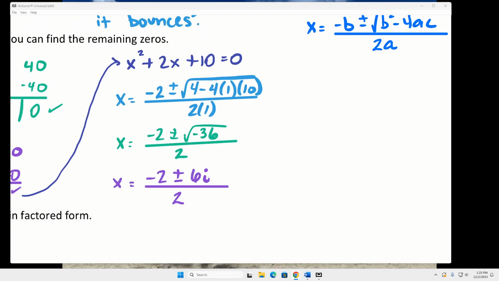All right, and then don't forget that you wait to the very, very end to simplify. So you have to have a whole heart to simplify. So a lot of people want to simplify here. It's only half a heart. So you have to have the whole heart to simplify. Is there a number that divides evenly into all of those numbers? Yeah. So we can reduce everything by 2.